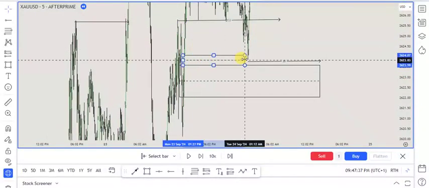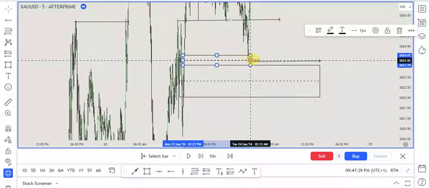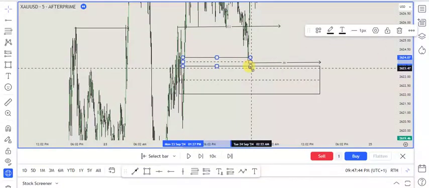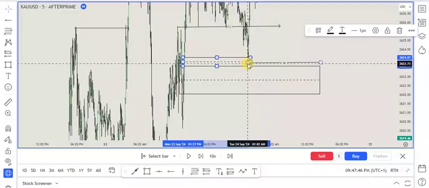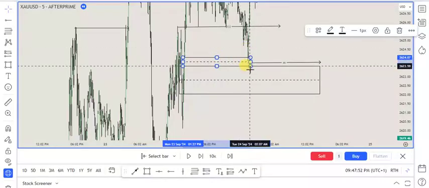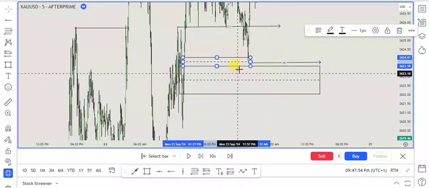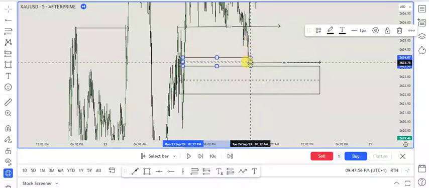This is a fair value gap, right? Price came down, so what you'll be targeting is the order block below the fair value gap. That's because normally when you see a fair value gap, price is supposed to come down to the order block then go up, but price failed to reach the order block. It only stopped at the fair value gap.